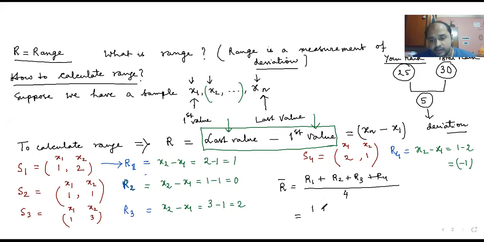That is 1. What is the value of R2? That is 0. What is the value of R3? That is 2. What is the value of R4? That is minus 1. And divided by 4. 1 minus 1, that is 0, and we get 2 by 4, that is 0.5. So your R bar is 0.5.